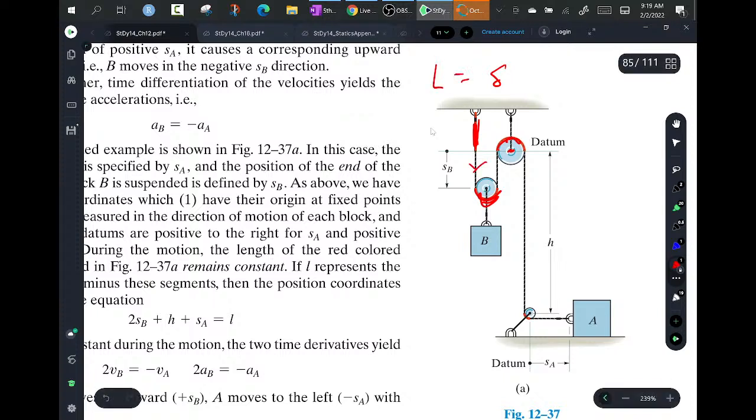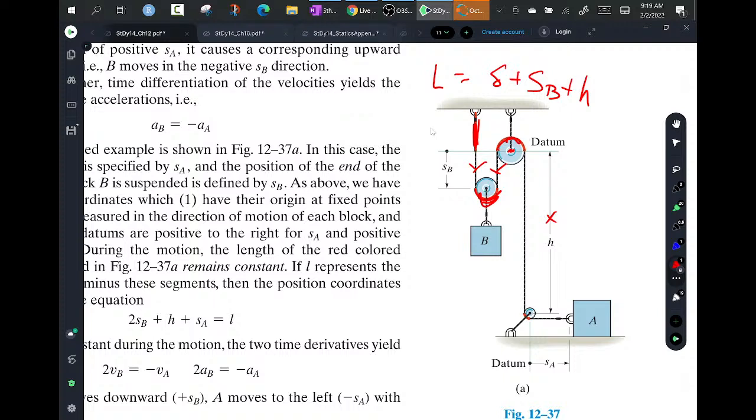So I list the length of the rope. Well, I got 1, 2 SBs. Then I got plus this H, which is kind of a weird number, but that's okay. He's labeled it, and it's okay. I took care of that one. Now I got to take care of that one. And I should have put down a 2 in front of this.